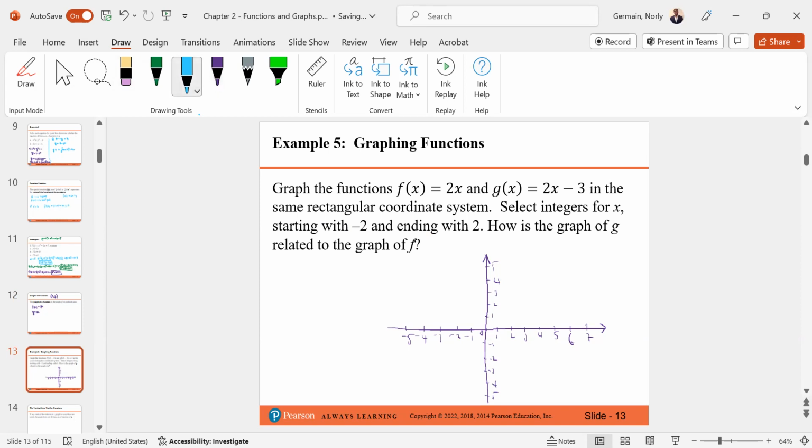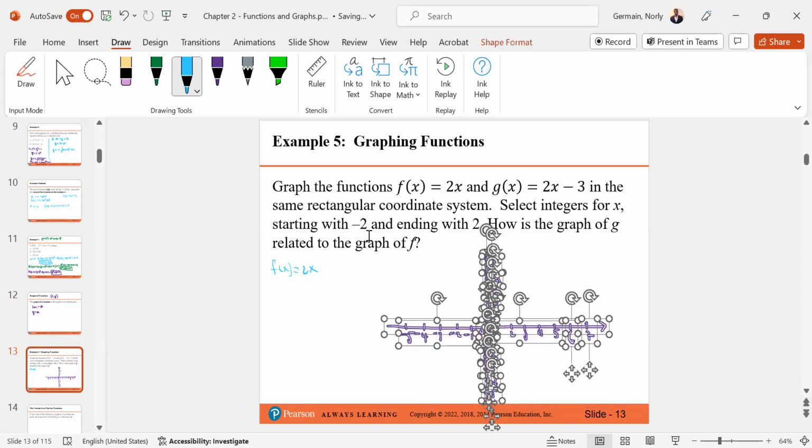All right. Suppose we need to graph f of x equals 2x. What I want to do here is to find some points for this graph. They said do it between -2 and 2. That's what I was talking about.